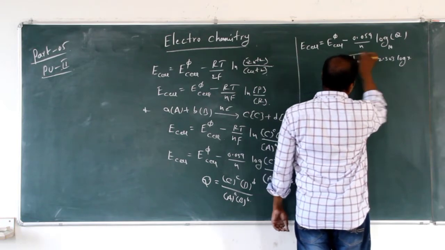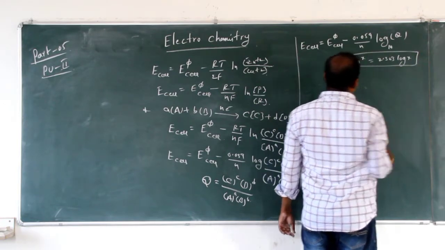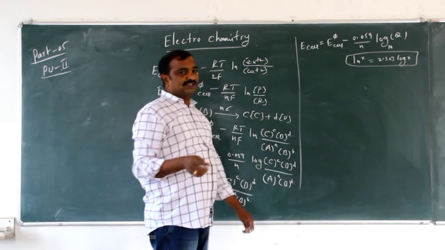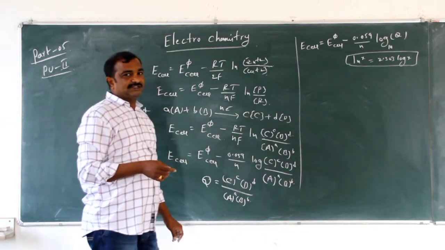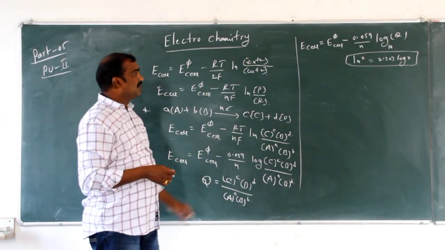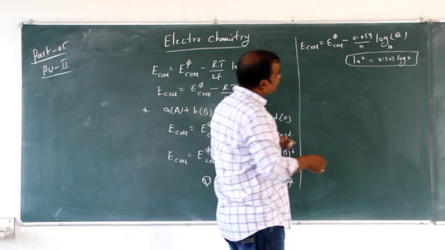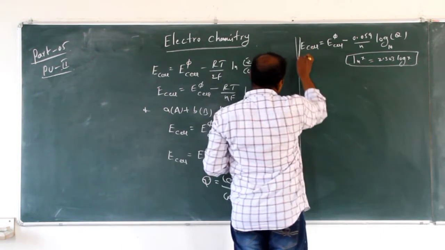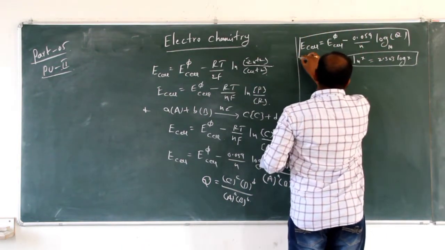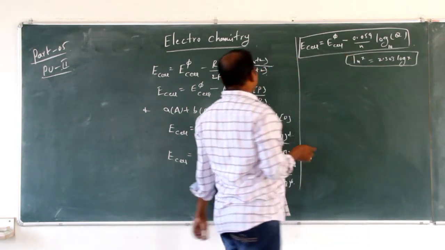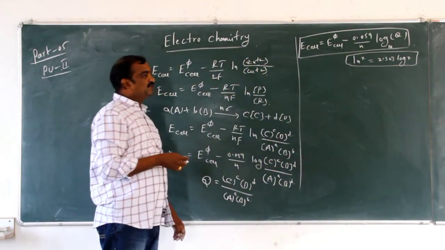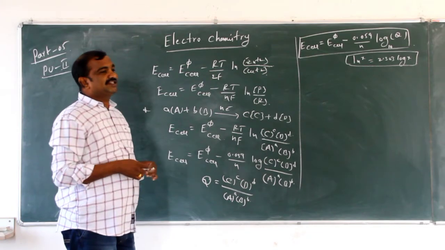In this way we can convert ln x to log x. So this is the final equation for the reaction coefficient with respect to the Nernst equation.